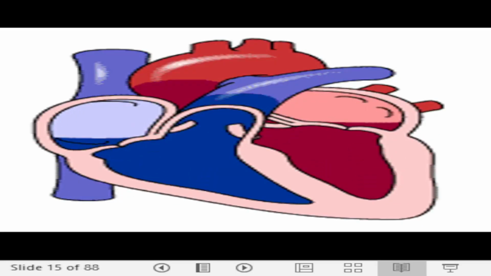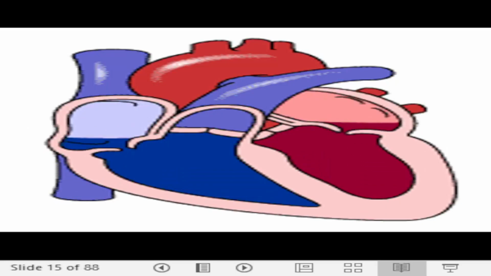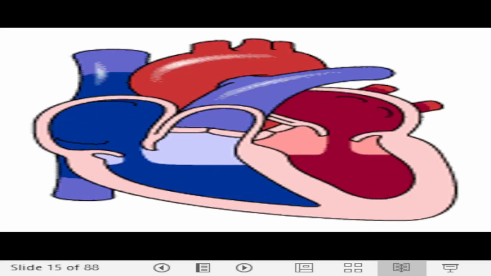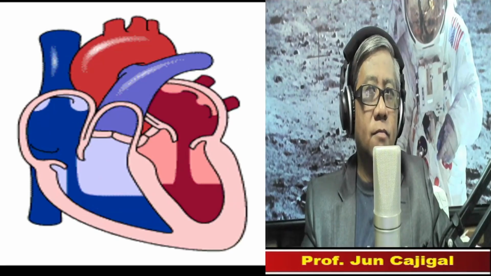Now, you will notice here that the blood is color-coded. So we have blue and red. The blue blood represents blood that is rich in carbon dioxide, so we call that deoxygenated blood. The red blood represents blood rich in oxygen, so we call that oxygenated blood.